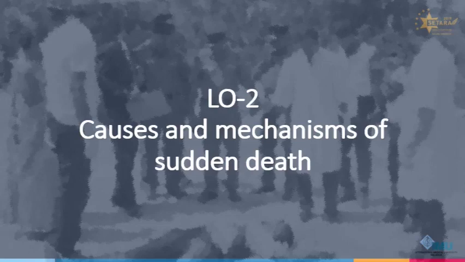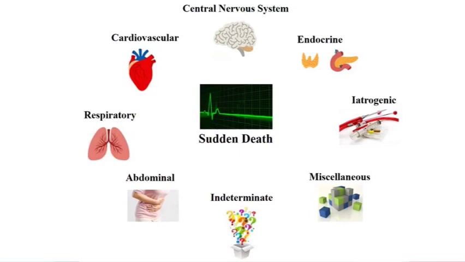Right. Let us now go to the second learning objective, which is to discuss some of the causes and mechanisms of sudden death. Now here, firstly, we shall talk about sudden deaths within natural scenarios, not the unnatural situations.